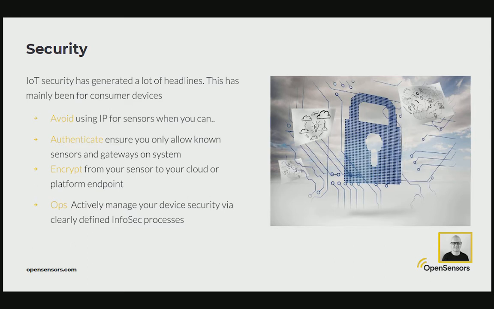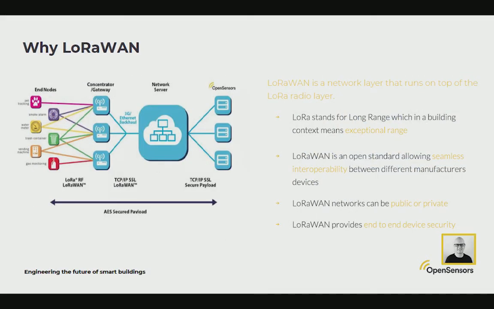That means your sensor uses AES encryption and your gateways use TLS security, and as part of that, you actively need to manage the keys in your sensor and the certificates on your gateways, and that needs to be part of good security practice and clear InfoSec processes. And as I said earlier, we've seen the emergence of a range of different LPWAN technologies.